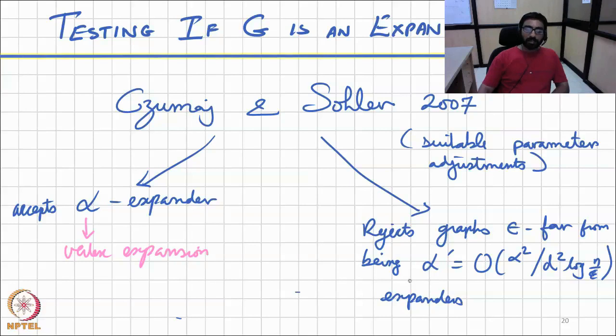And as a result, when you square the alpha here, this alpha prime is going to be a worse expansion parameter. And so the rejection happens with constant probability only if the graph is epsilon far from being a worse expander. So the result is, in that sense, not very impressive, but even getting this result was quite a challenge.